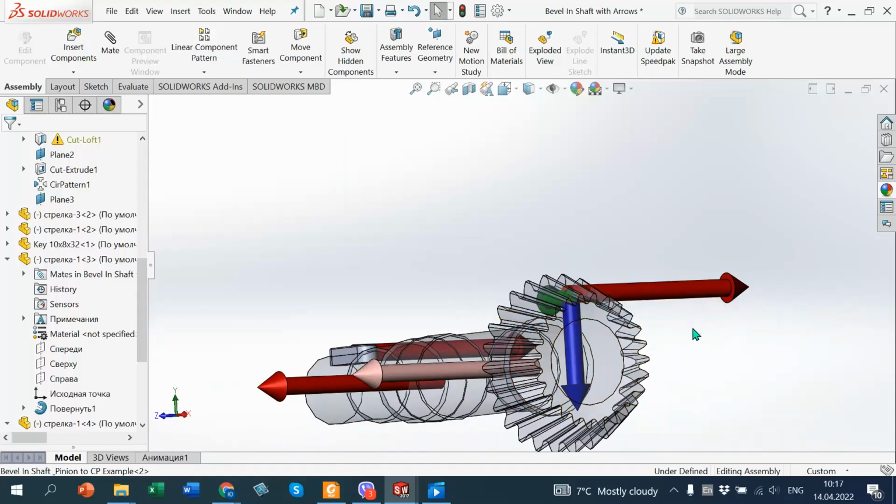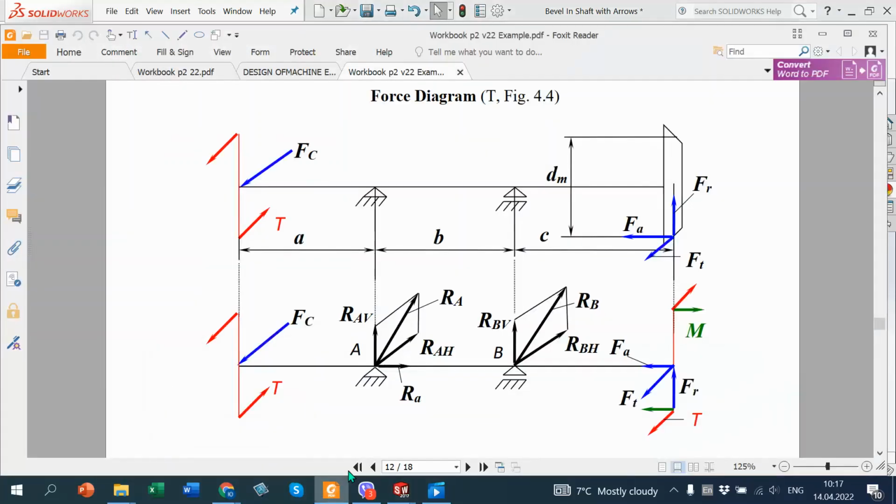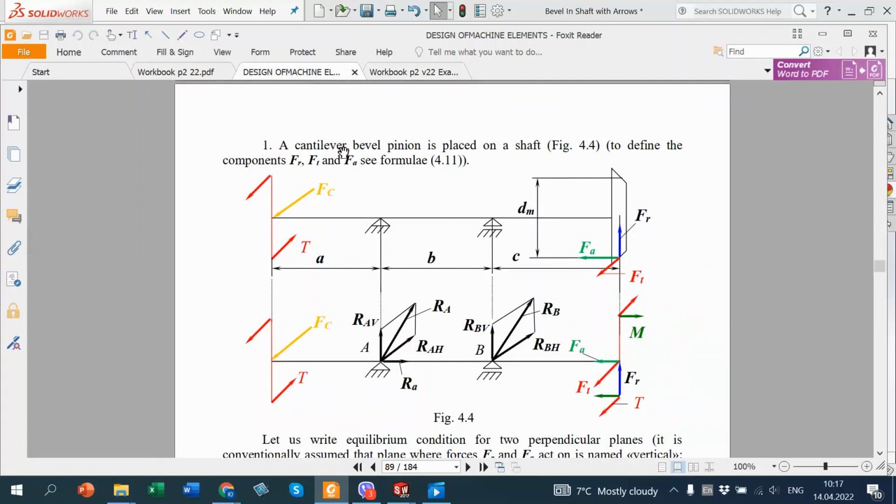It may be calculated like 2T divided by d. T is torque, d is dm. It is a moment.